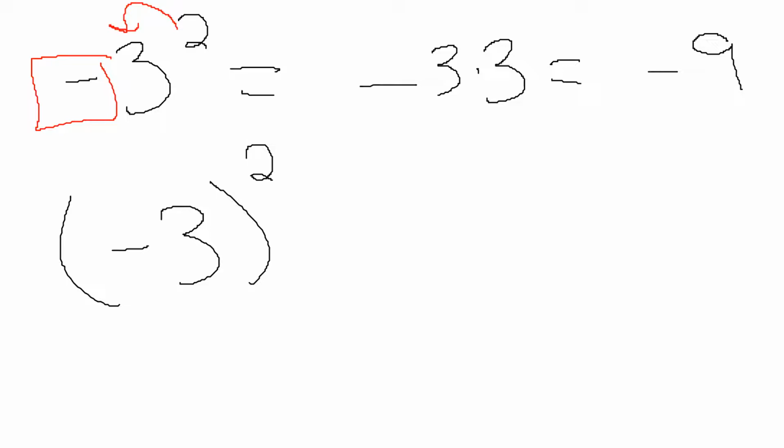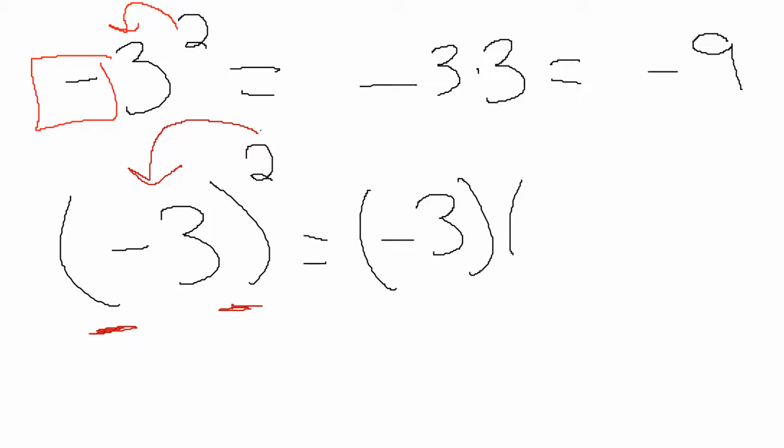Now the second example here, remember, the exponent deals with what's directly in front of it, but these parentheses stick the negative to the 3. So what this means is negative 3 times negative 3, which in this case is then positive 9. So really watch those parentheses, because whatever is inside of it gets stuck together and I can't pull it apart. It has to stay as one unit.